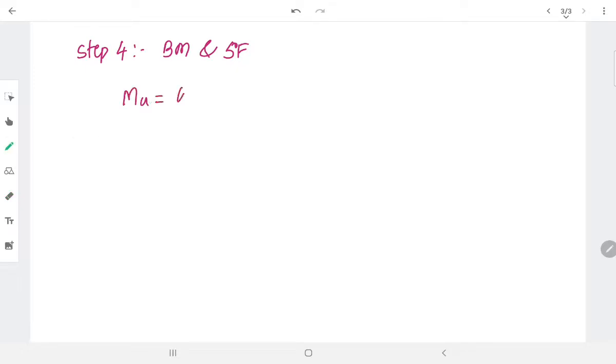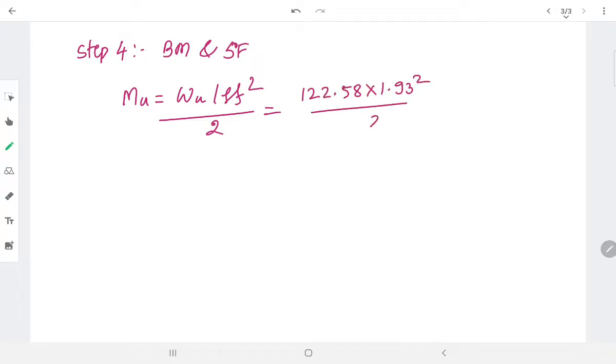Mu is equal to Wu L effective square divided by 2, as it is a cantilever beam. That is 122.58 into 1.93 square divided by 2, which is around 228.29 kilonewton meter.